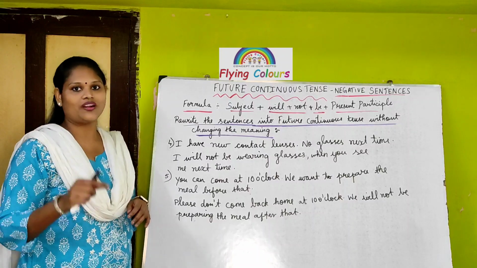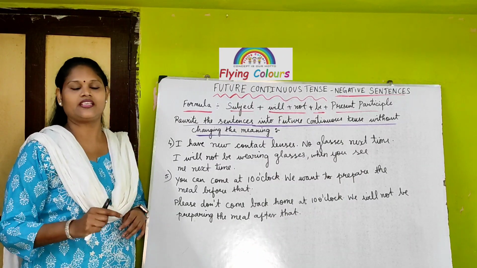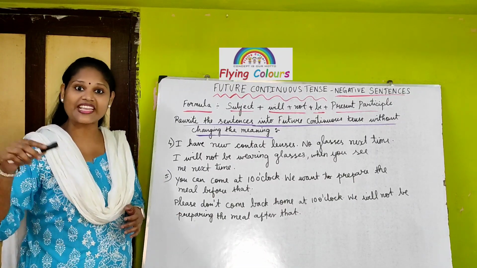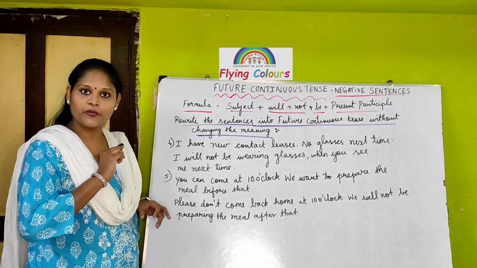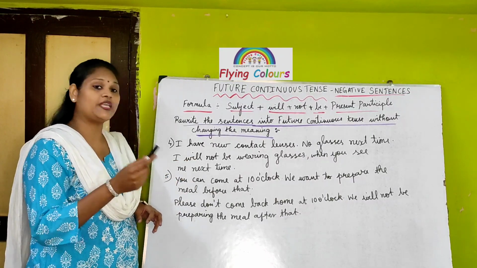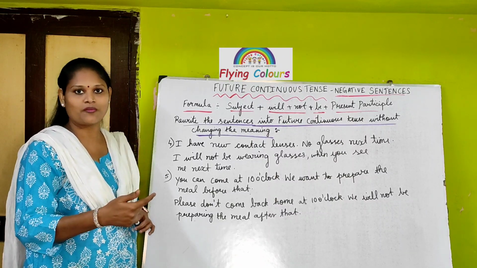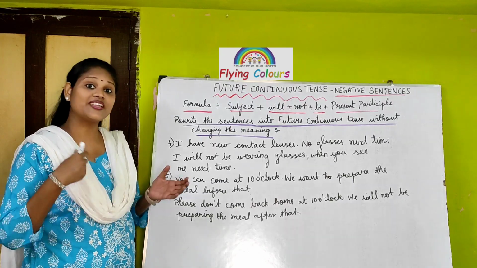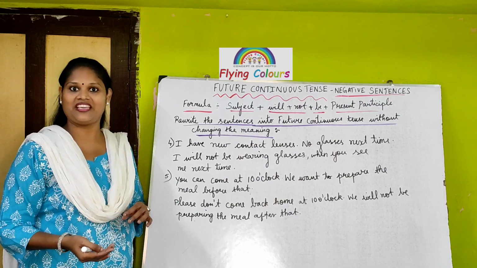I have new contact lenses, no glasses next time. This is the sentence. You can change this into future continuous tense, negative sentence without changing the meaning. How? I will not be wearing glasses when you see me next time, right? I is the subject, will not be is the formula, and wearing is the present participle. You can change the sentence without changing the meaning, right?